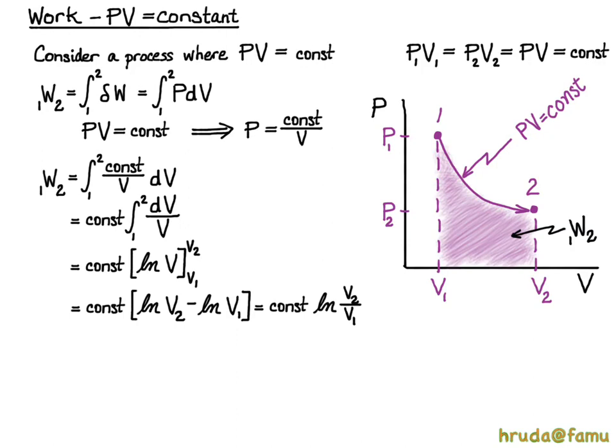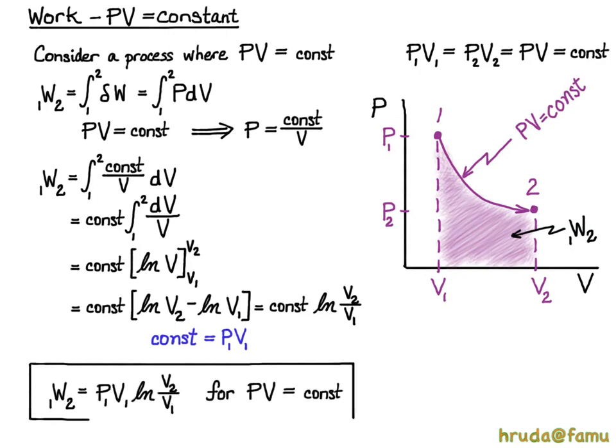So you'd say, okay, well, what's the constant? Well, remember, that constant is just P1 times V1, or you could say P2 times V2. So the work in going from state 1 to state 2 is equal to P1 V1 times the natural log of V2 over V1 for a process where P times V is equal to a constant.